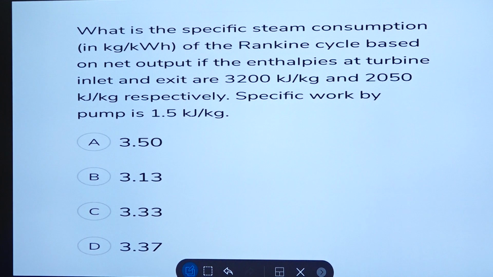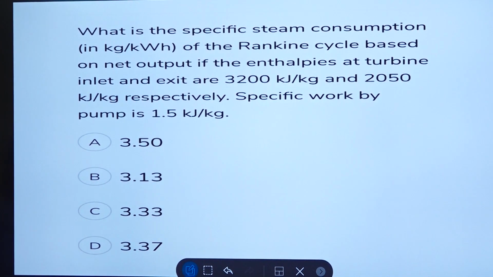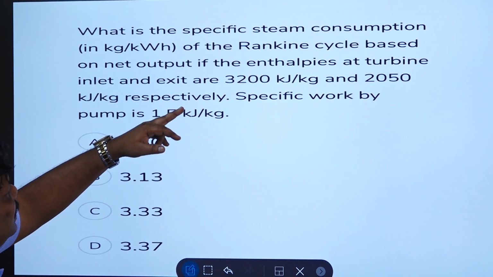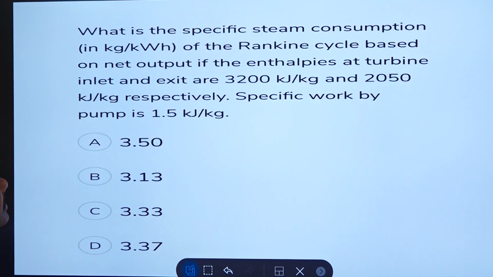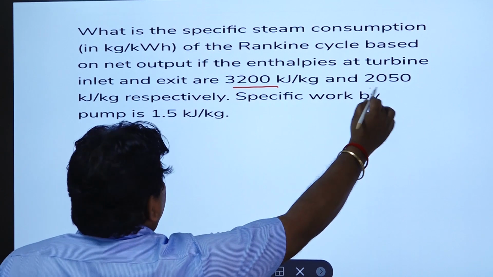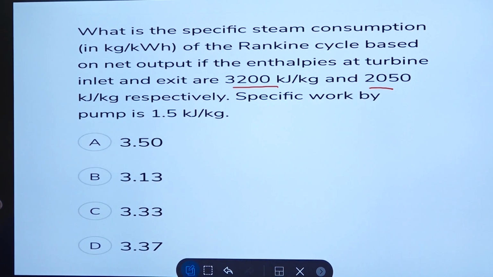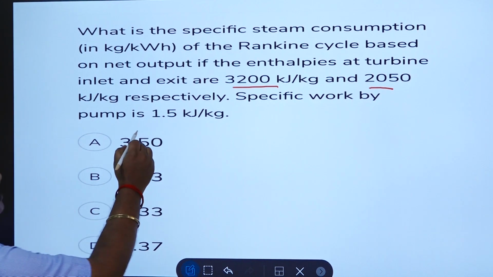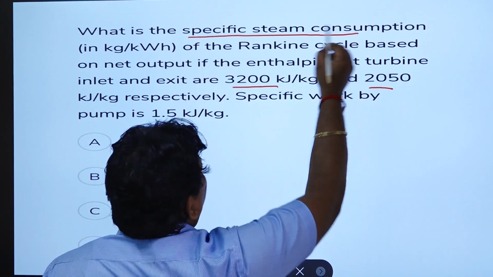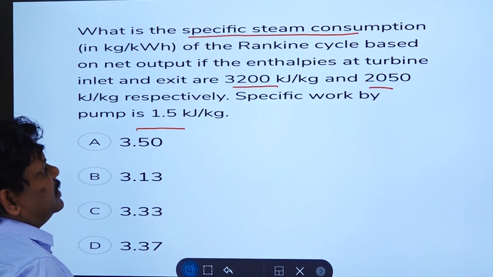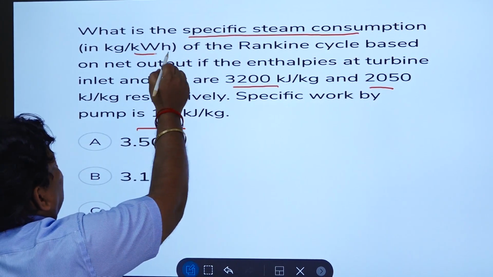What is the specific steam consumption in kilogram per kilowatt hour of the Rankine cycle based on net output, if the enthalpy at turbine inlet and the exit enthalpy are given to you? The specific work by the pump is also given to you. So you have to find the value of specific steam consumption per kilowatt hour.